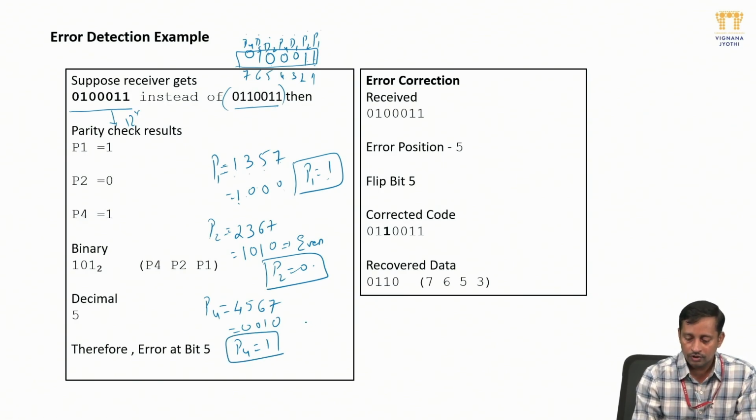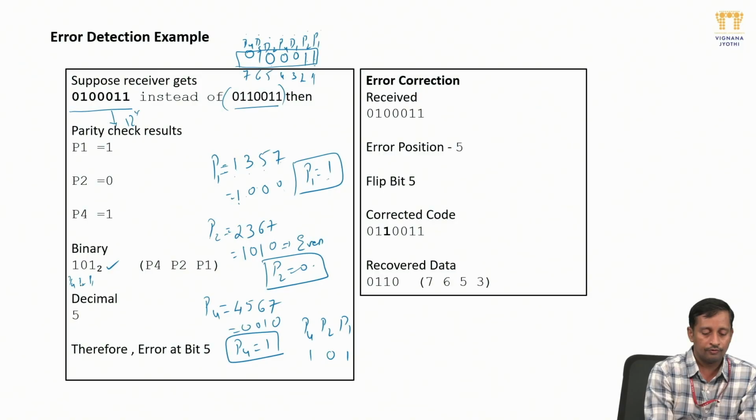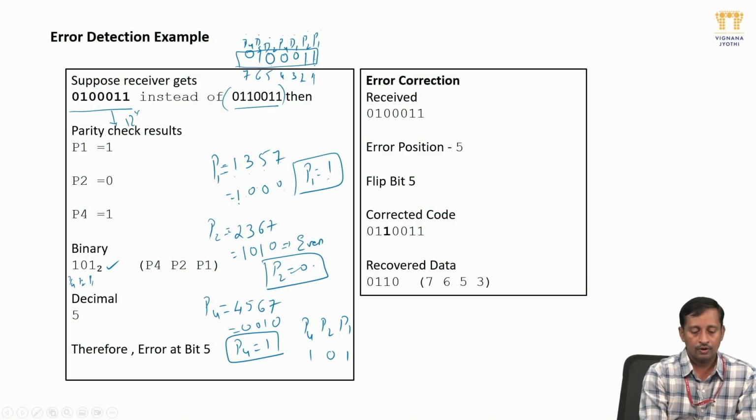Therefore, what are the position values? P4, P2, P1: the P1 value is 1, the P2 value is 0, and the P4 value is 1. This is given in binary, as P4, P2, P1. Now the binary equivalent in decimal uses powers of 2: 1, 0, 1 with 2 power 0, 2 power 1, 2 power 2.